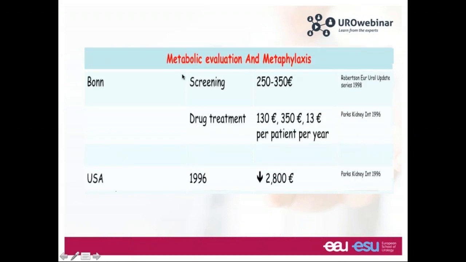If you compare this cost to the screening and the drug treatment, you can see it is very, very cheap. So I think we can save a lot of money for our patients if we follow them up, evaluate them, and give drugs to prevent stone recurrence.